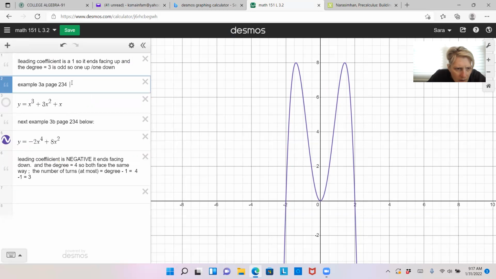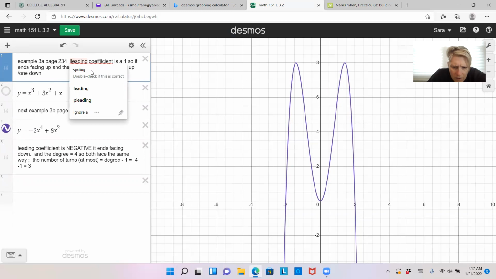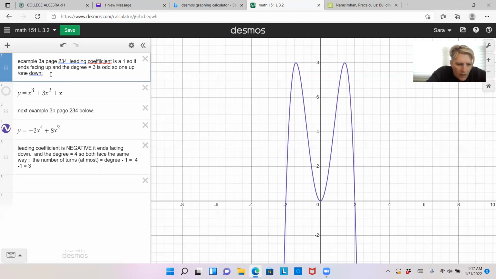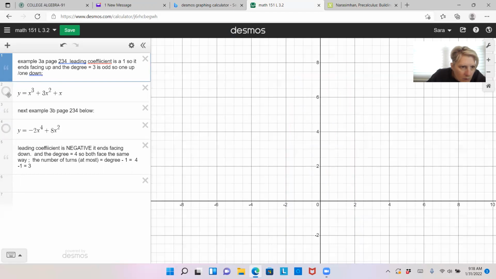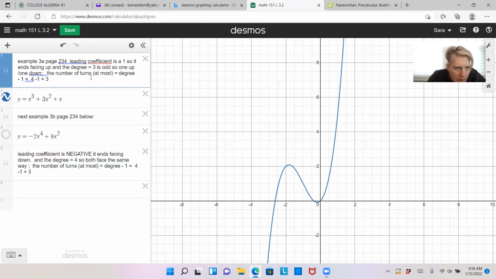So this one, I'm going to turn off the purple one and turn this blue one back on again. You can see it has 1, 2 turns. It goes up and turns once here, once here. And that's because the number of turns is the degree minus 1.